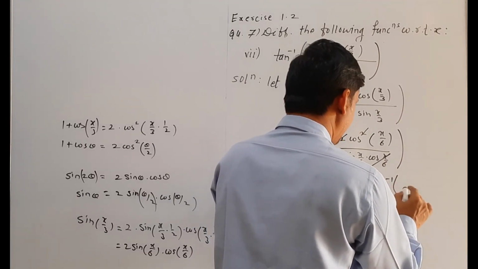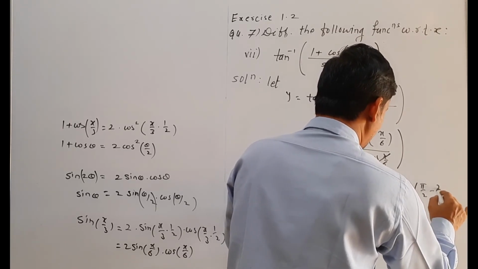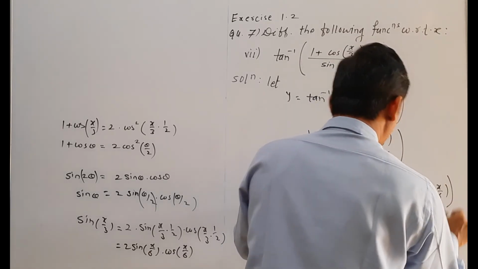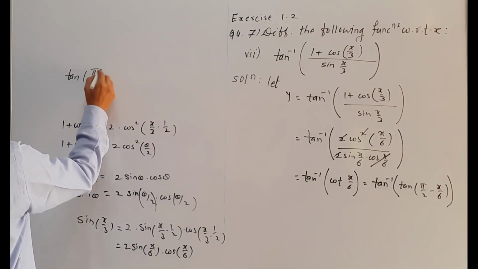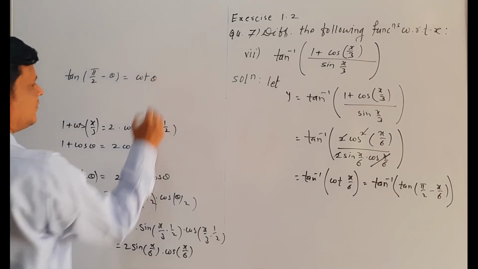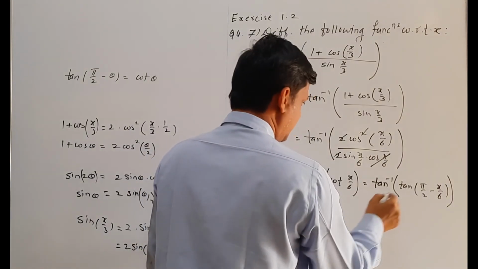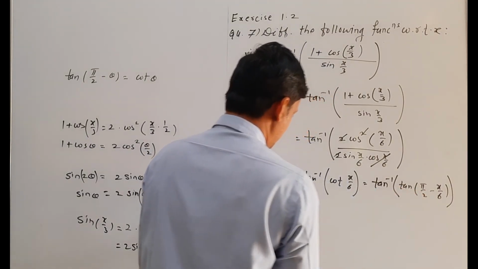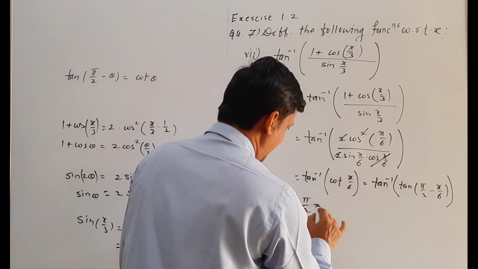Here in bracket we write tan of pi by 2 minus x by 6. We use the formula tan pi by 2 minus theta is equal to cot theta. So here in place of theta we have x by 6. Now this tan inverse tan gets cancelled. So we write here y is equal to pi by 2 minus x by 6.